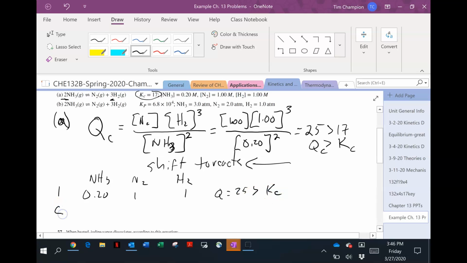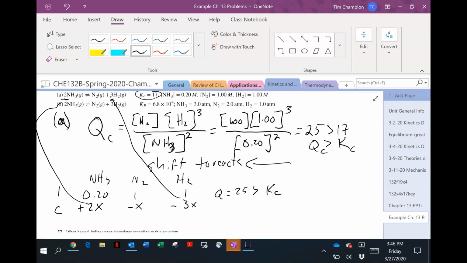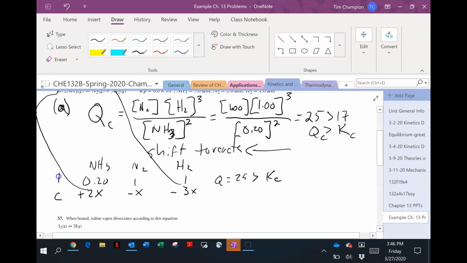Our change line then would be plus, minus, minus, and we would say plus 2x for NH3 and minus x for N2 and minus 3x for H2, and again those 2's and 3's come from those coefficients up here as well. If you did the second one, it'd be a similar sort of thing, except you'd be writing partial pressures and plugging those numbers in, but that's that problem.